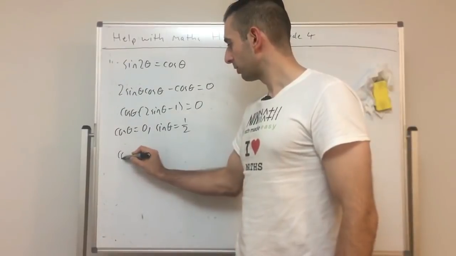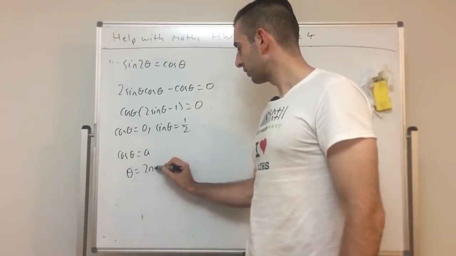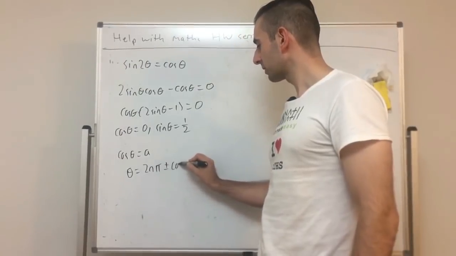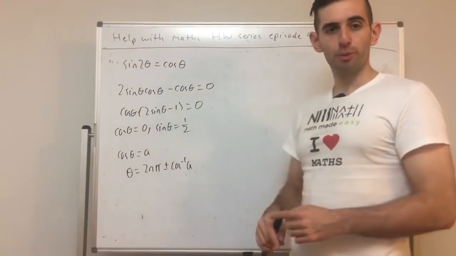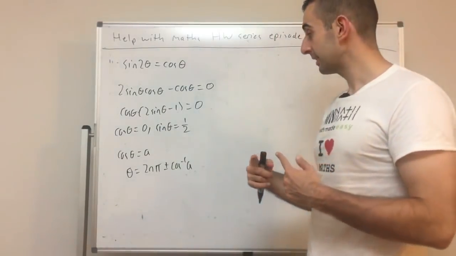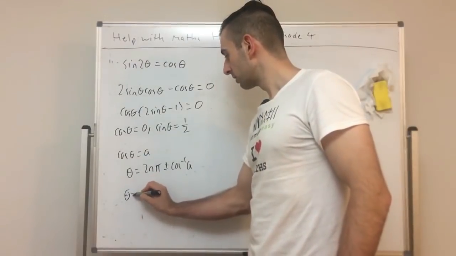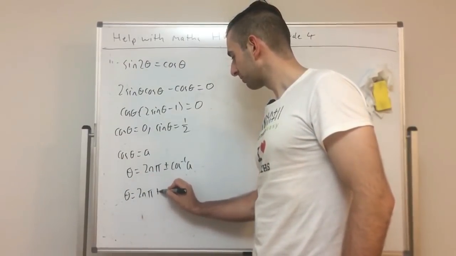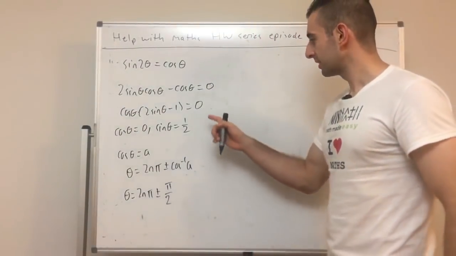So the general solution formula for cos theta equals A is theta equals 2n pi plus minus cos inverse A, where 2 pi, remember, is 360 degrees. So then cos inverse 0 is just pi on 2, right? Because cos pi on 2 is 0. Now sine.